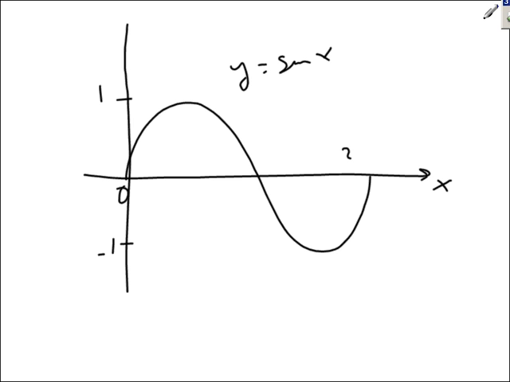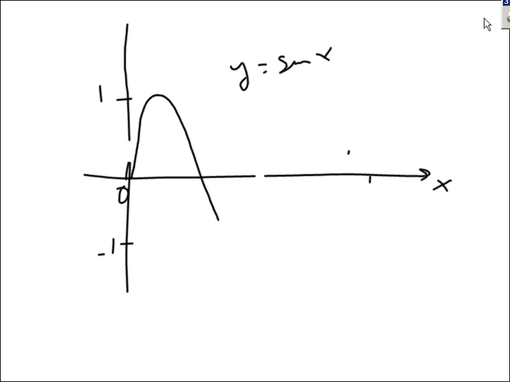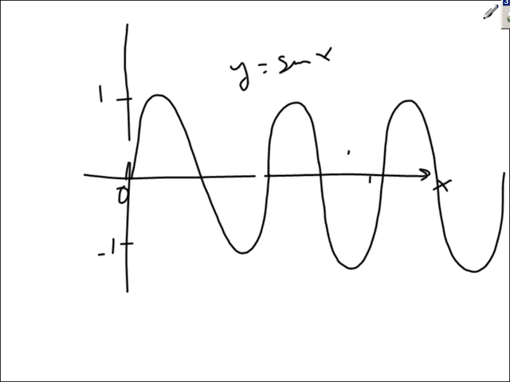Let me draw it a little bit more narrow because I need more room. Okay, I said that was it. Sorry, that's not true at all. It keeps repeating forever and ever in both directions. I'm terribly sorry I didn't say that.